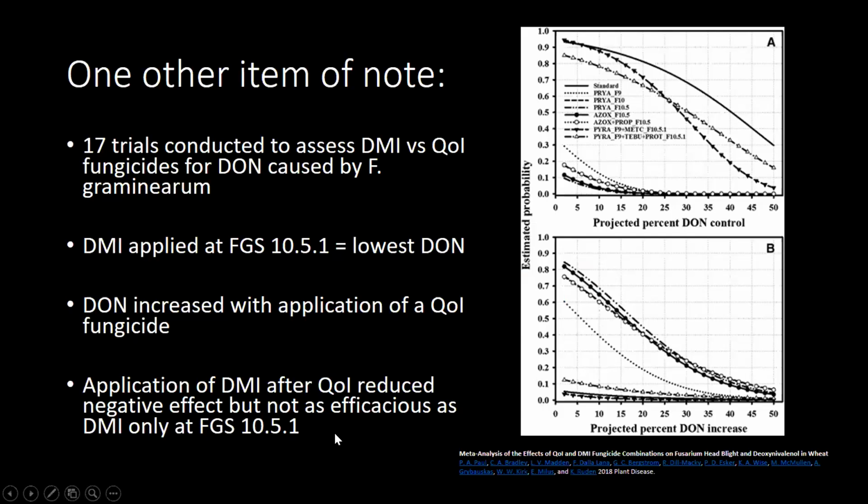I tell people you should at least be considering some sort of mixed mode of action fungicide to try to minimize the effect, because a lot of our fungicides for foliar disease suppression will have a QOI in them. The other thing you can do is just wait and hope that that later timing is going to be efficacious in managing your diseases. And I think many times that is the case.